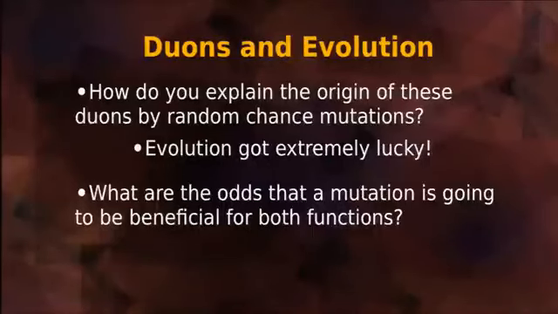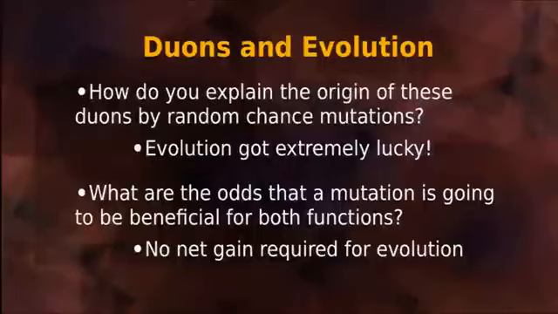You can't just take your pick. You have to have certain ones there because they're not just doing 1 thing. So it would be very hard to believe that mutations would be beneficial for both functions. Even if it would be okay for one, it would probably destroy the other function. So you don't have the gain that you need for evolution.